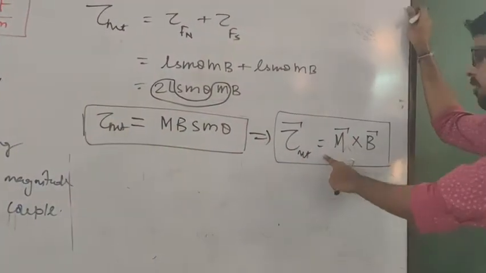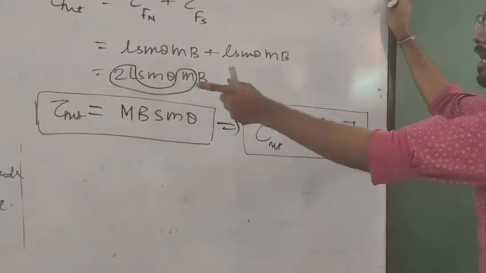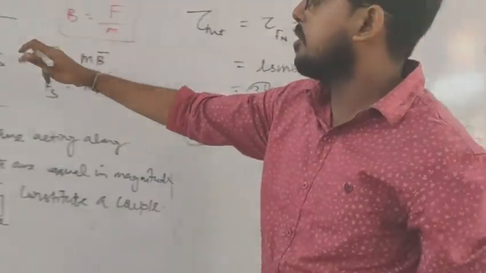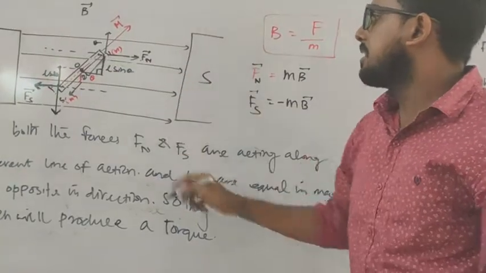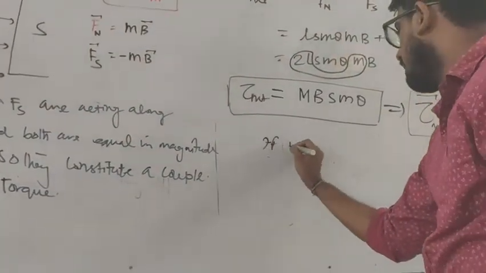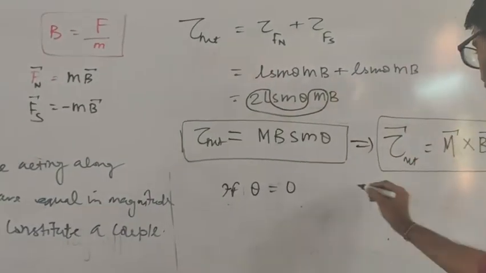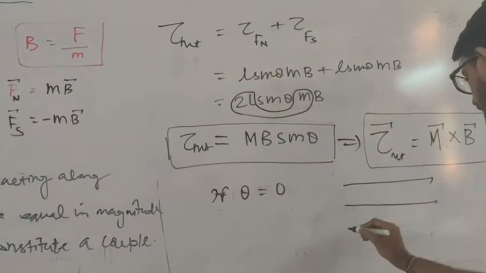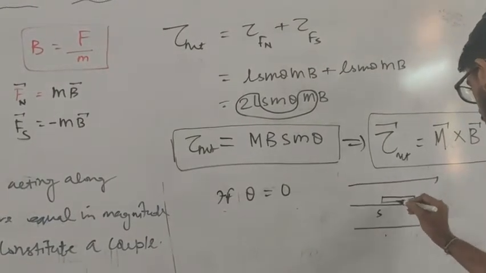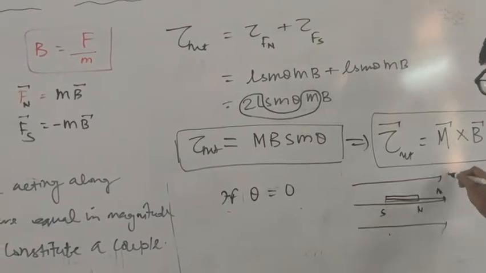So here we calculated the total torque acting on a magnetic dipole due to an external magnetic field. What is theta? Theta is the angle between the magnetic dipole moment and the field strength. If theta equals 0, that means if this is the magnetic field direction and the dipole is placed like this, with south and north, then the dipole moment will be like this and B will be like this.